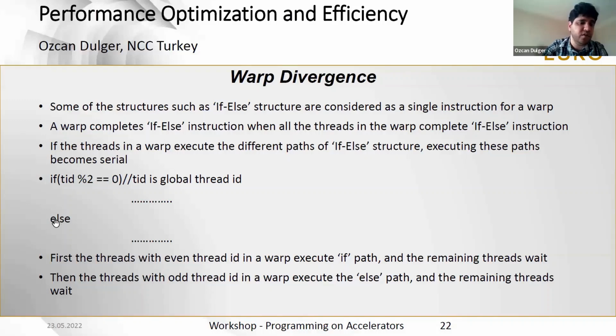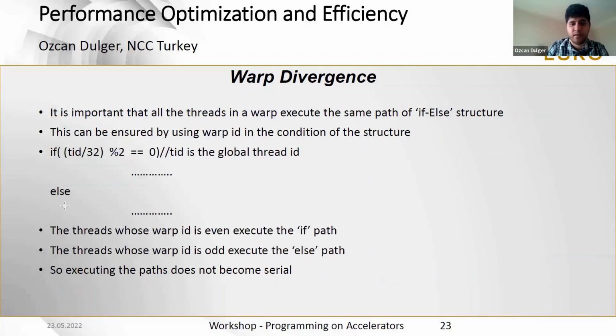Then the threads with odd global thread ID execute the else path, and the remaining threads are idle. So the operations become serial.